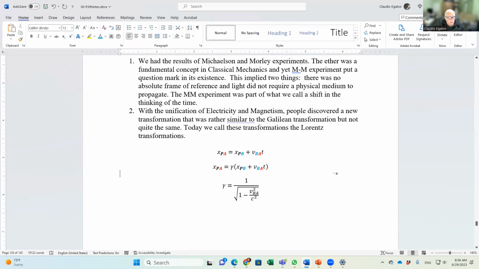This transformation here reduces to the Galilean transformation.